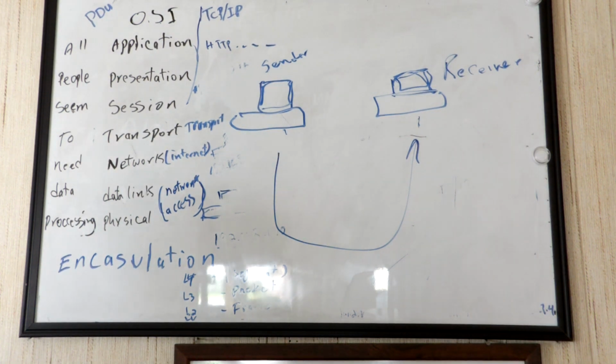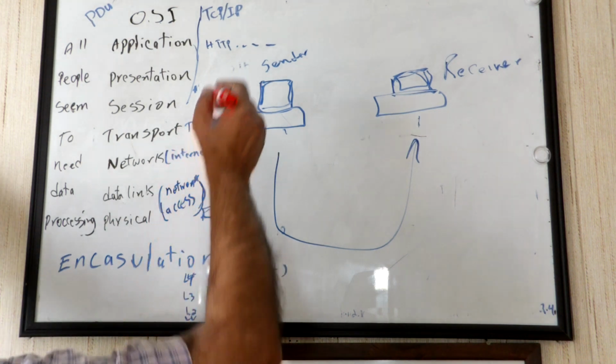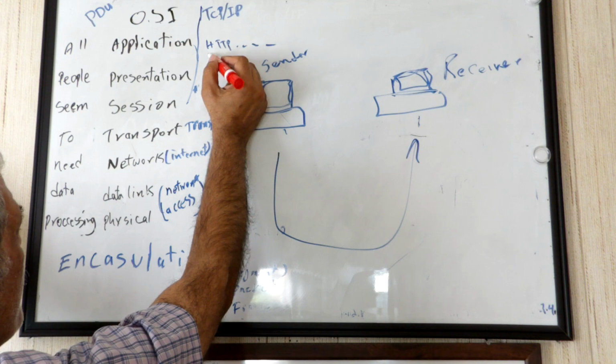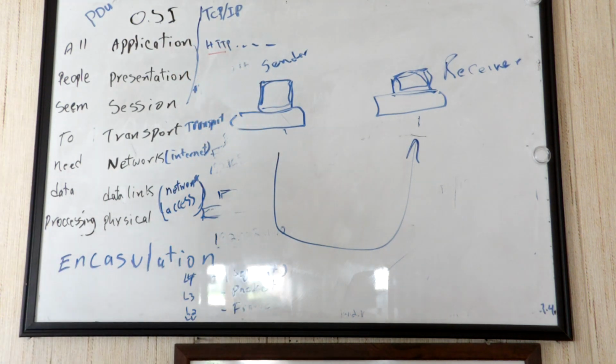The application layer, like when you want to use Google or anything, you use HTTP. This is one of the protocols in the application layer.